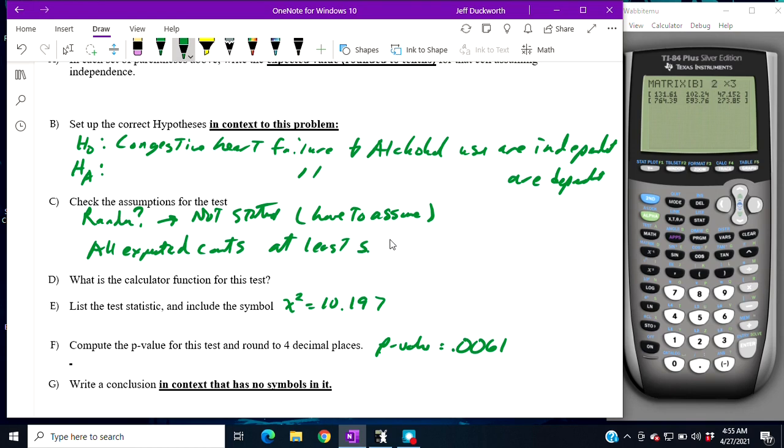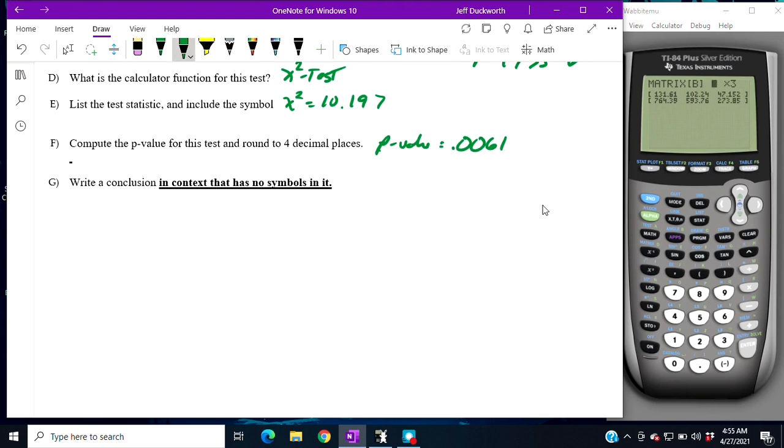So the smallest one is 47. So they range from 47 to 764. So yes. 47 is the smallest, and 47 is greater than 5. So we're good. The calculator function we use is just chi-squared test. And we've put in these values here.